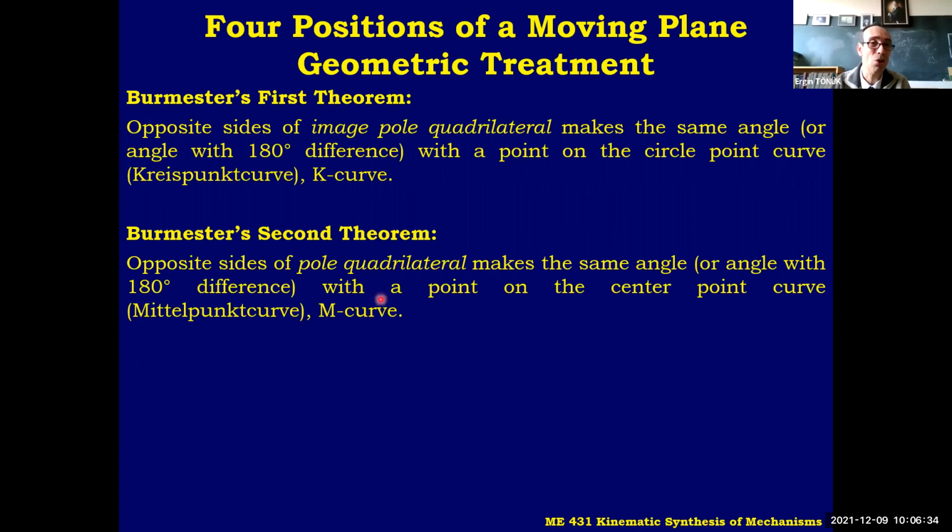So we don't draw both. Depending on which point we would like to select freely, we either use the circle point or center point curve. But mathematically, there is one-to-one correspondence between the points on the circle point curve and on the center point curve. Okay? Know this, I'm not going to show this correspondence.